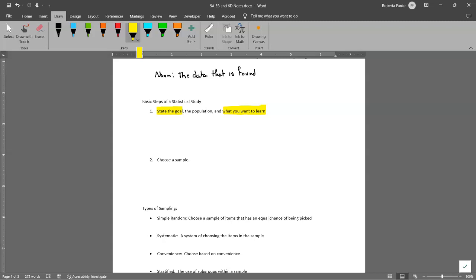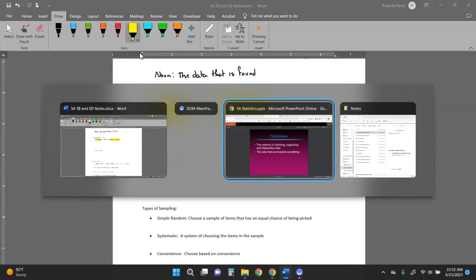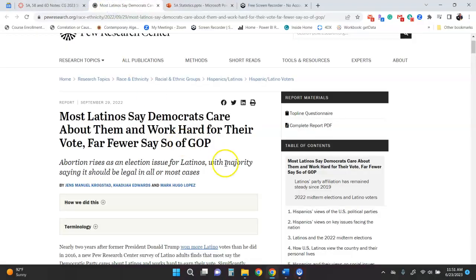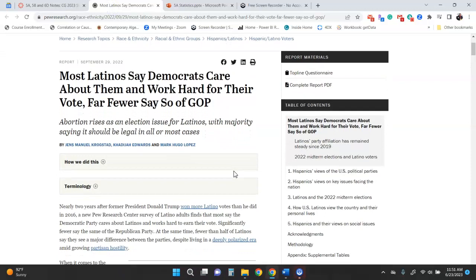If we look at the article that is linked in the webpage or in Canvas, the title gives us maybe what the goal of this particular statistical study is. So, what Latinos say Democrats care about. Most Latinos say Democrats care about them and work hard for their vote. Far fewer say so of the GOP.